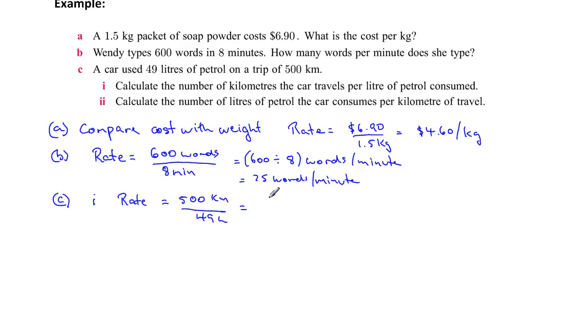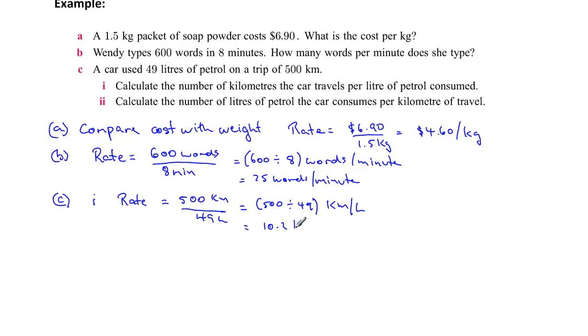So dividing this out, we get 500. Remember, we want to do it per litre, so we need to divide it by 49. And that will give us our kilometres per litre.